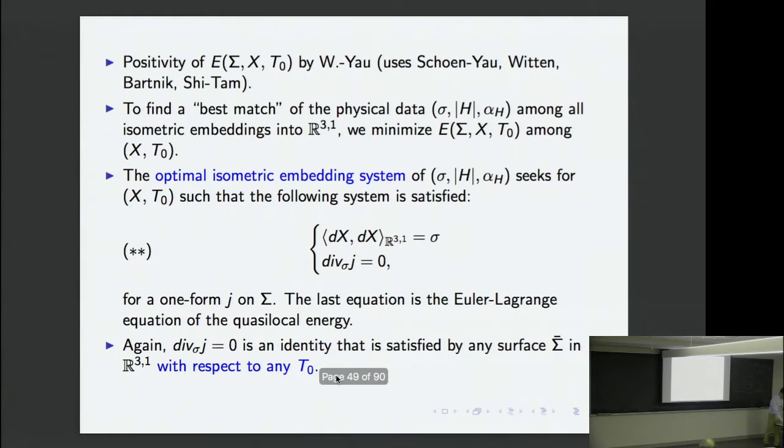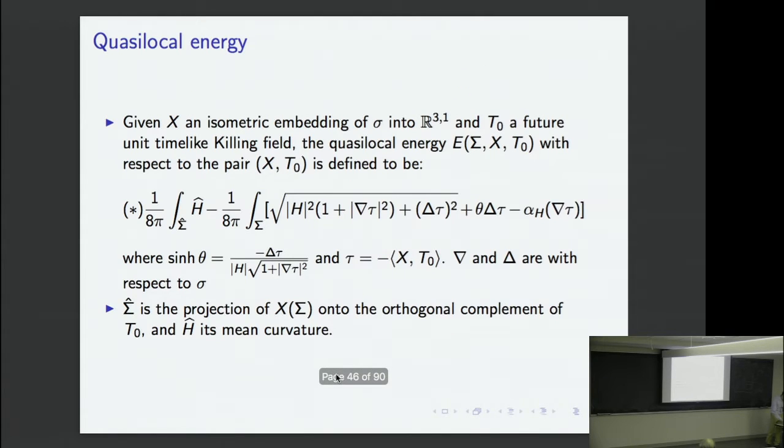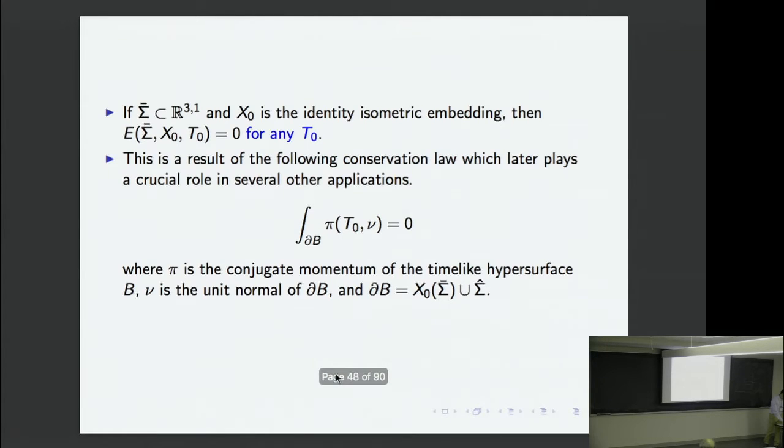So this expression here depends on this T0, because T0 is determining your tau. But no matter which direction I do the projection, this quasi-local energy is always equal to 0. Okay, so you can do one projection, the other projection, and this is always equal to 0.